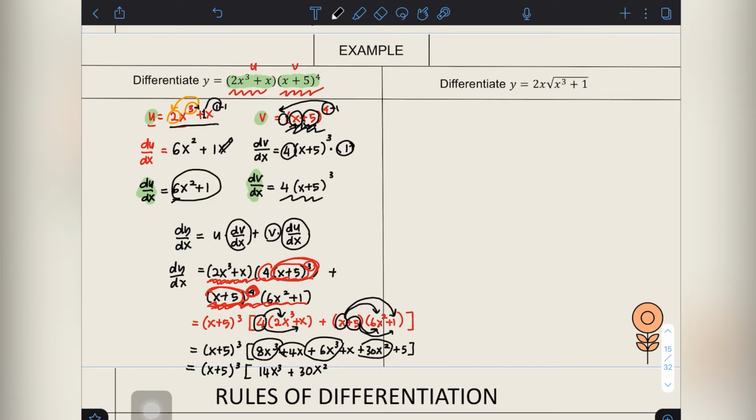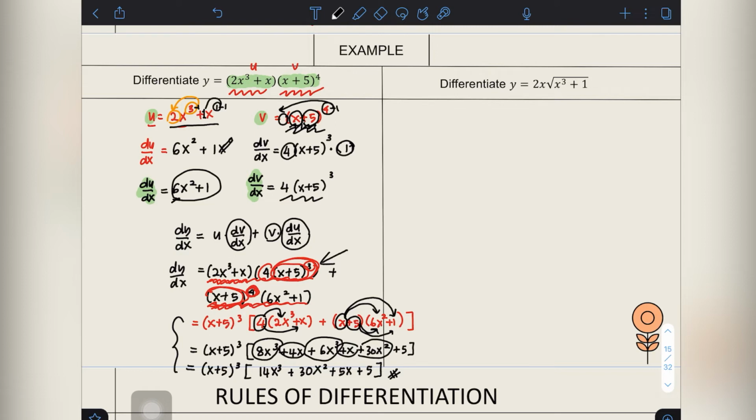Then you have 4x can be added with x, so you have plus 5x plus 5, close bracket. So this one is the last answer. Actually, whenever you have put your values inside the formula, you have done the process of differentiation of your function by using product rule. The rest here is only the process of simplifying or summarizing your equation.